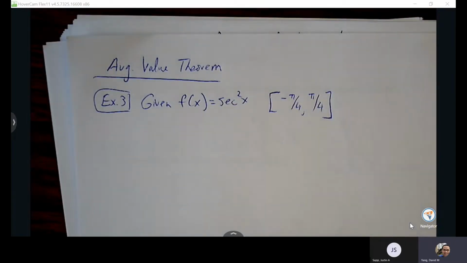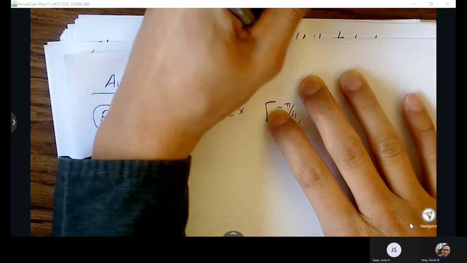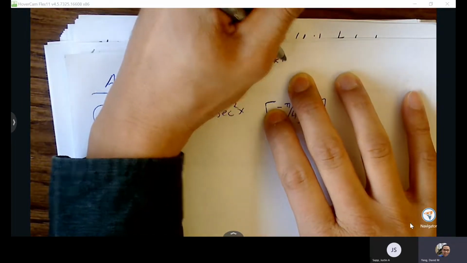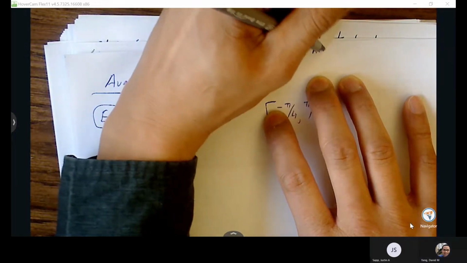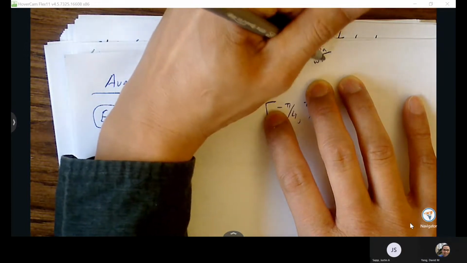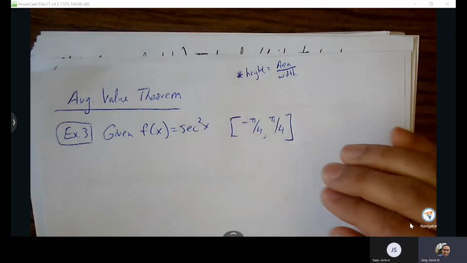Basically, the definite integral represents area. Area divided by the width equals the height. It's really just rearranging the area formula for a rectangle, saying height is equal to the area divided by the width, in case that helps you memorize the formula.